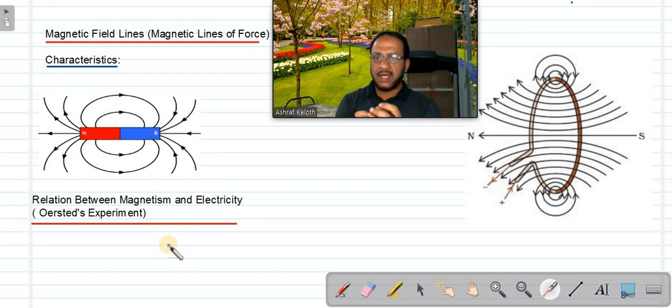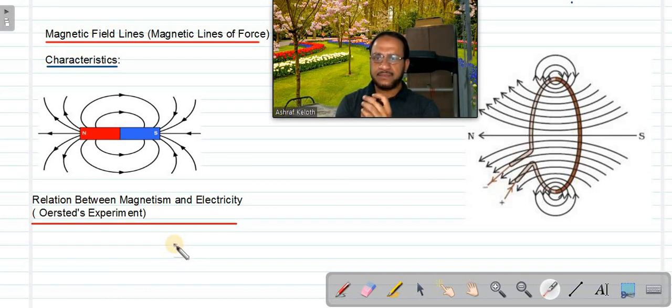So it was a surprise for him. There is no contact, only a needle is placed nearby a copper wire, and whenever we switch on the circuit, the needle is showing some deflection, some vibration. When the direction of current was reversed, deflection also reversed. This was the historic experiment conducted by Oersted.